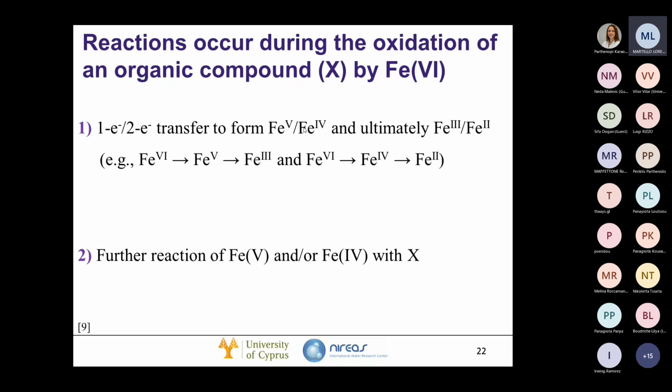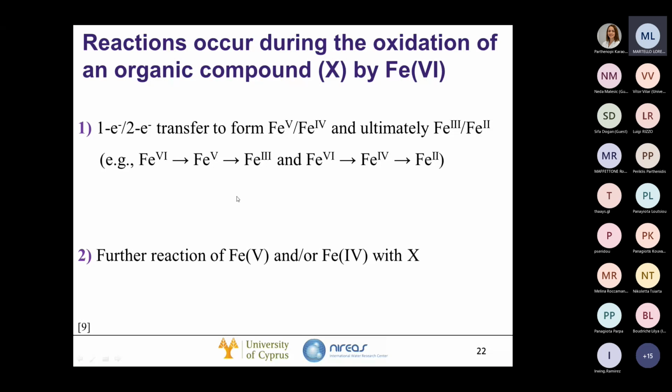So we could conclude that, since this enhancement was due to iron-based species, the oxidation state of this iron species would be iron 4 or iron 5. How this would be produced in this system, we can see here, for example, one or two electron transfers from iron 6 to form iron 5 and iron 4, and then ultimately iron 3 and iron 2.